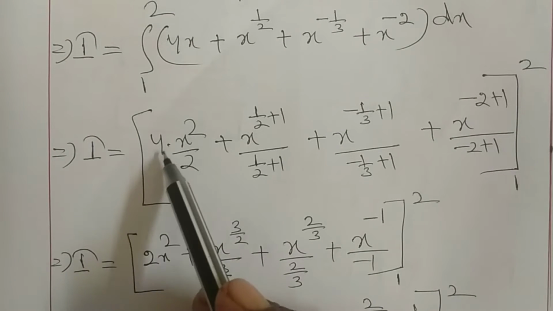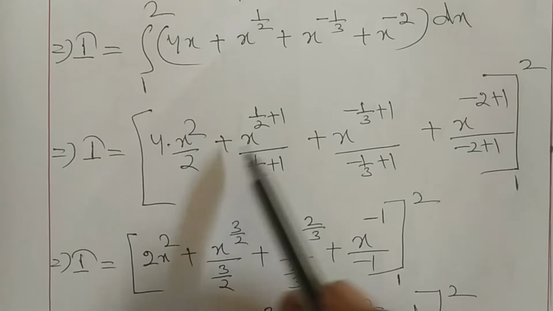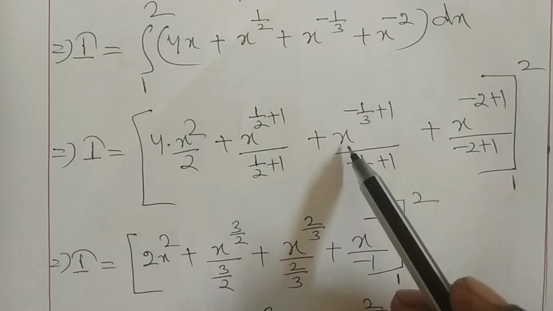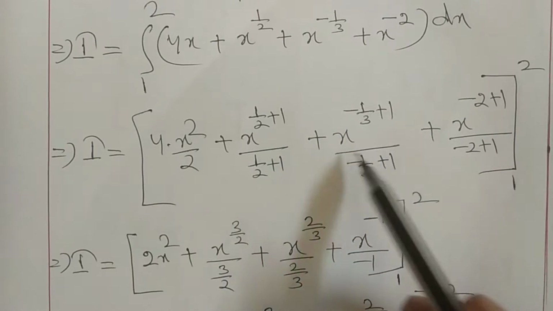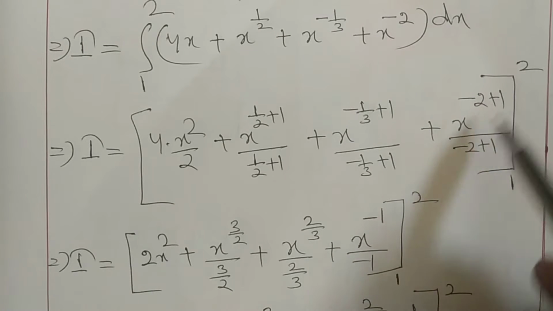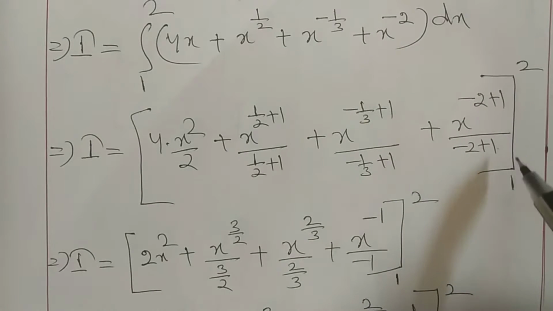So I equals 4 into x²/2 plus x^(1/2 + 1)/(1/2 + 1) plus x^(-1/3 + 1)/(-1/3 + 1) plus x^(-2 + 1)/(-2 + 1), range from 1 to 2.